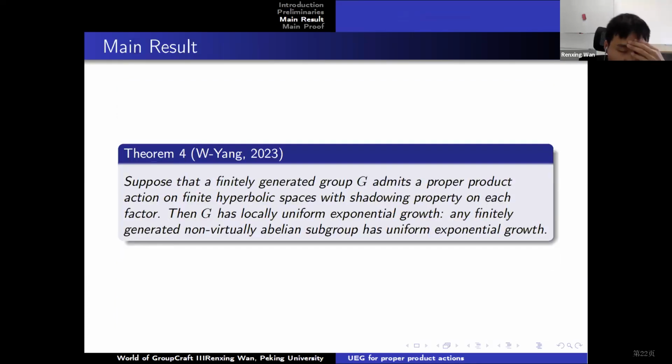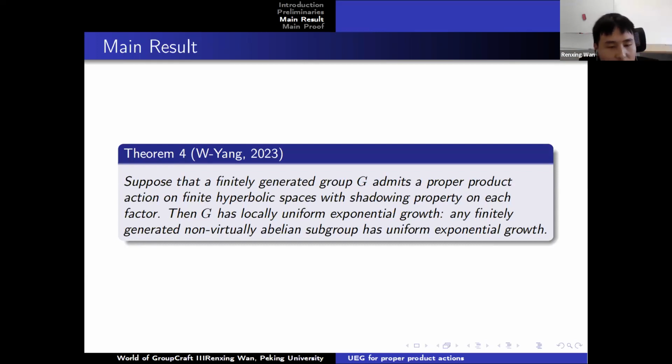And now I'm going to introduce our main result. This result is not the same as in our paper. It's not complete, but I think it's enough here. Suppose that a finitely generated group G admits a proper product action on finite hyperbolic spaces, and the only assumption that we add is the shadowing property on each factor.